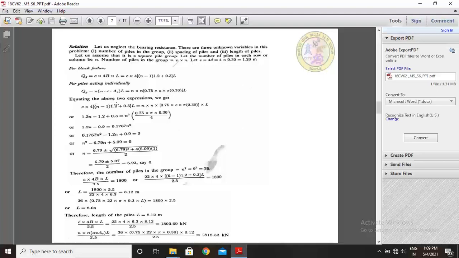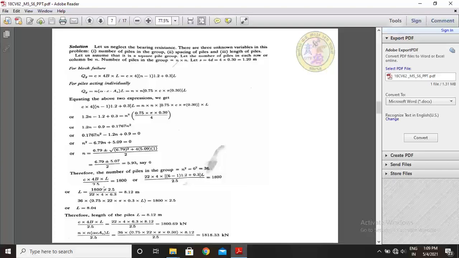Next, equating the above two expressions, we get the N value as 5.93, say 6. Therefore the number of piles in the group equal to N square, meaning 6 square equal to 36.